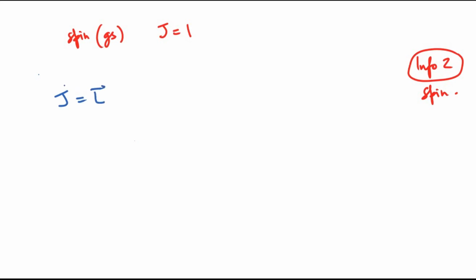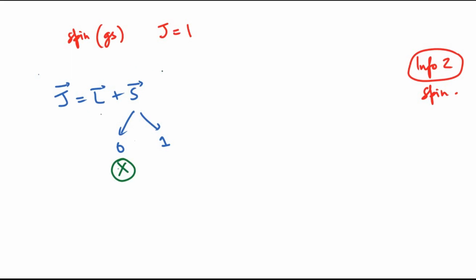Now we already know that J is equal to L plus S. So the possible values of S, the sum of the intrinsic spins of the two nucleons, are 0 and 1. Now we can just eliminate this 0. Can you tell me why? It cannot be equal to 0, since it is not possible to couple S equal to 0 with any allowed L value.